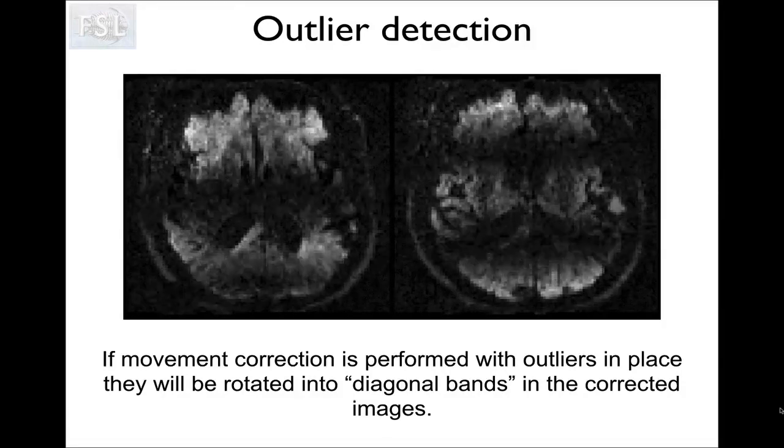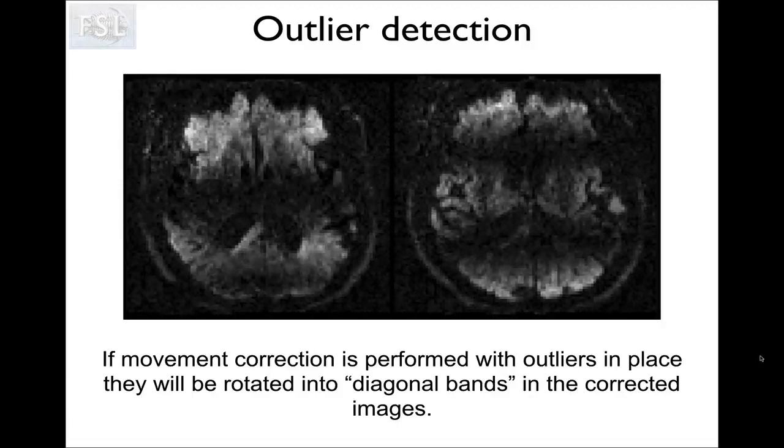So what you're seeing here is a slice acquired a little bit into a diffusion protocol or diffusion sequence where the subject has moved. So the subject has rotated their head relative to the original position. That has now been rotated back into the reference space, i.e. into the position of the very first volume.